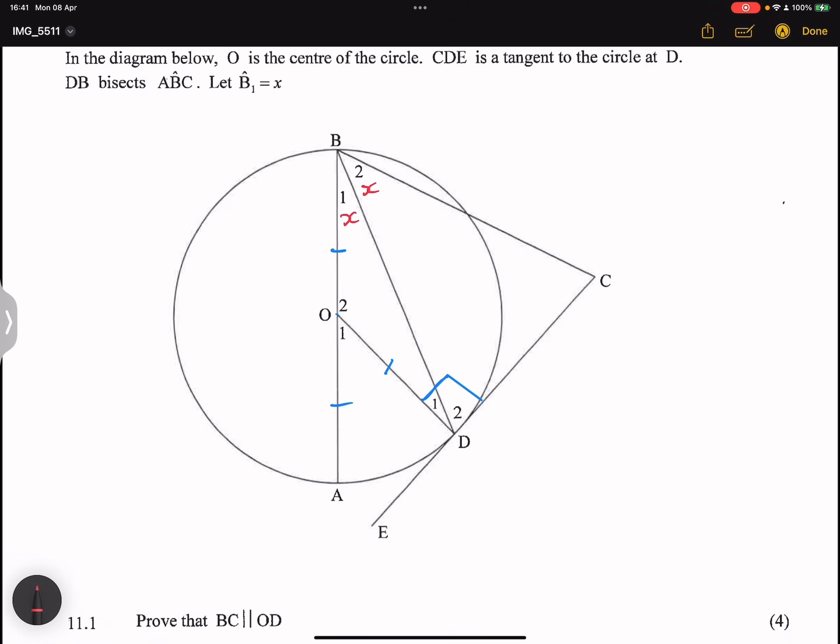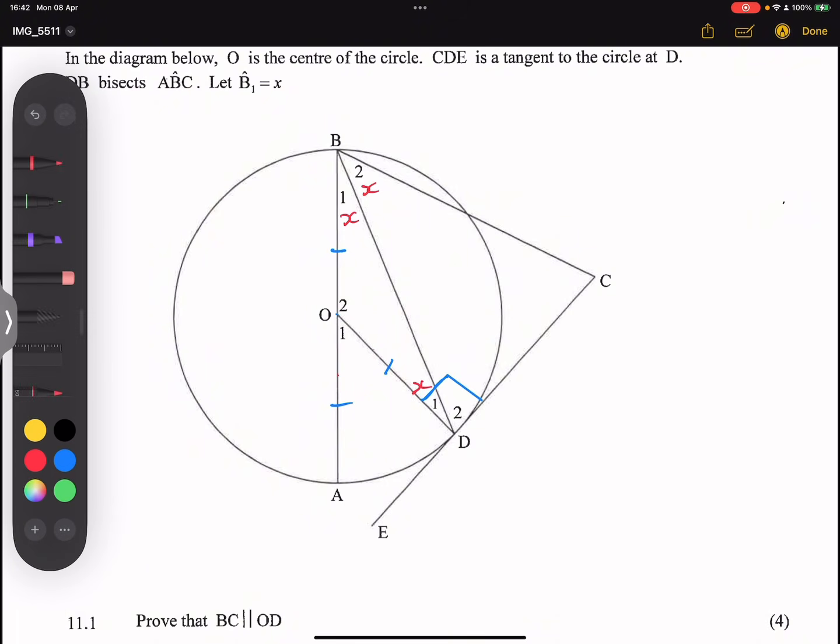Can we find other angles equal to x? Of course, that means also D1 is equal to x. Remember, that makes OBD an isosceles triangle. But I want you to note, you've got triangle OBD. This is an exterior angle of a triangle, so we can say that this is actually equal to 2x. I hope that you get that.